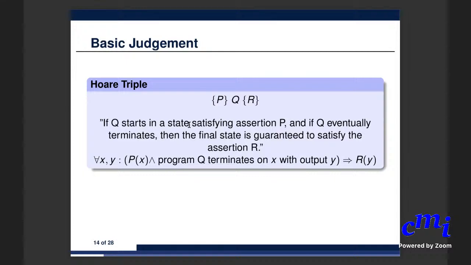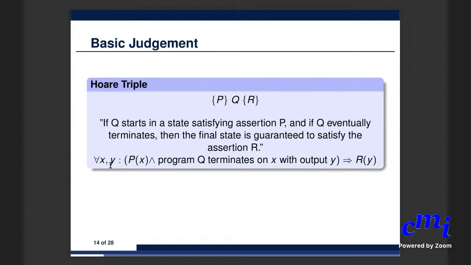By a state, I mean it's a valuation, an assignment of values for the variables, that should satisfy P. If you start in a valuation for the variables, that's what I mean by a state that satisfies P. And if Q eventually terminates, the program terminates on that input, then the final state, that is the output that it produces, is guaranteed, must satisfy the assertion or the postcondition R.